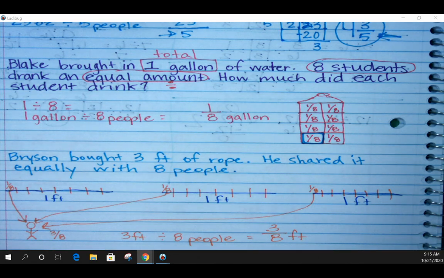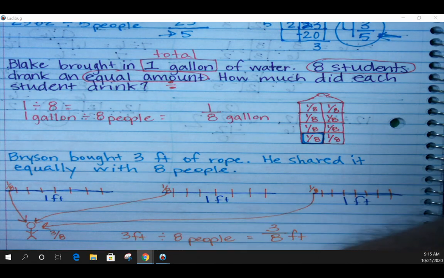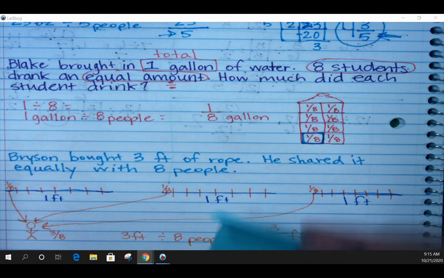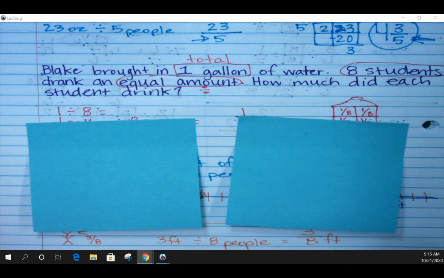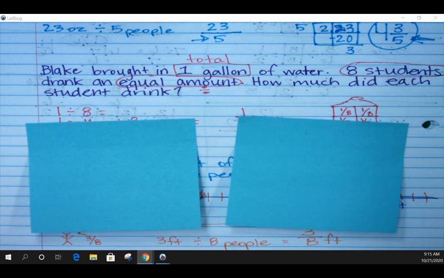Look here. Pretend this is cookies. Peanut butter cookies. Bryson, here's 2 peanut butter cookies. And I want to share it equally with, don't say 8, pick a little number.